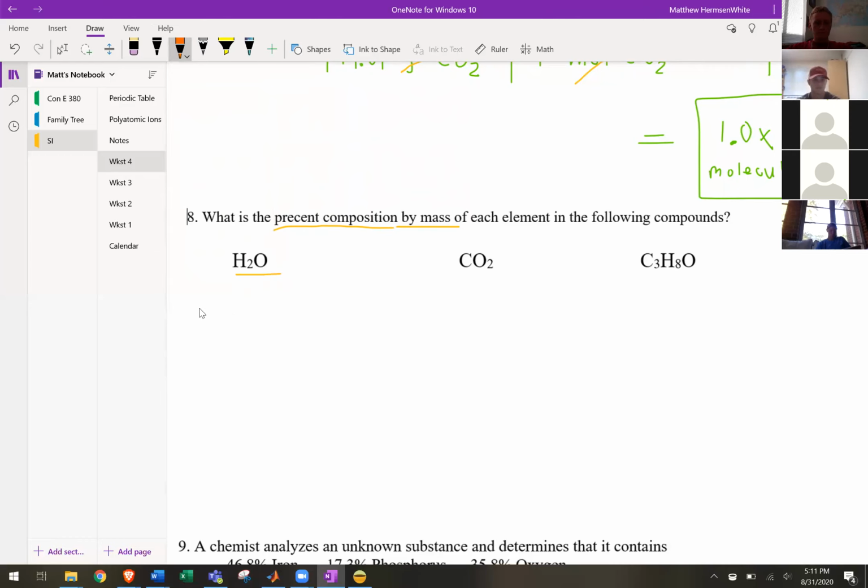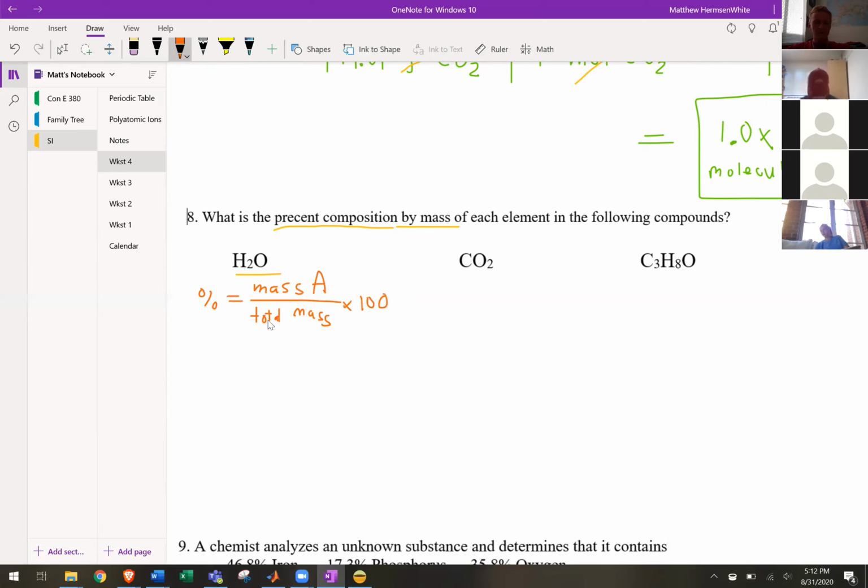So what we want to do, I guess I can write the general formula. So the percent is going to be the mass of, I'll just call it A, whatever element you're interested in, divided by the total mass, or the molar mass of the molecule, times 100.